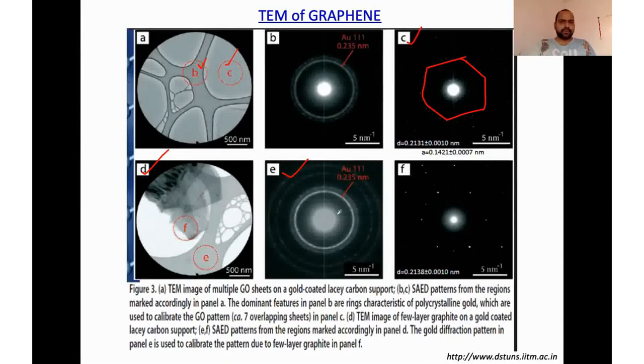See the atoms 1, 2, 3, 4, 5, 6 form a beautiful hexagon. Here also 1, 2, 3, 4, 5, 6. All are hexagons. Similarly here also we have exactly a hexagon, 1, 2, 3, 4, 5, 6. So this is a perfect hexagonal structure.